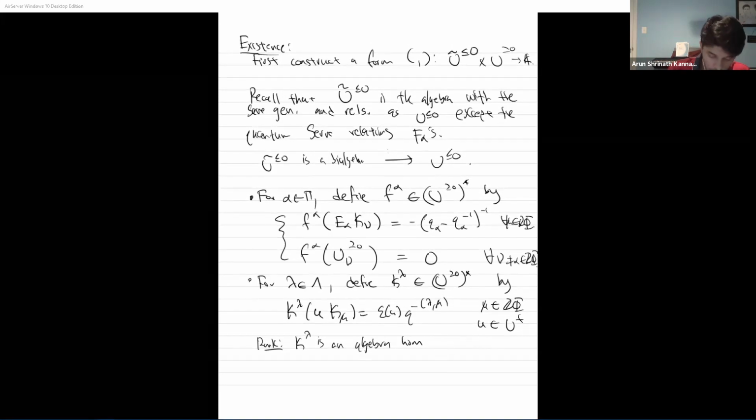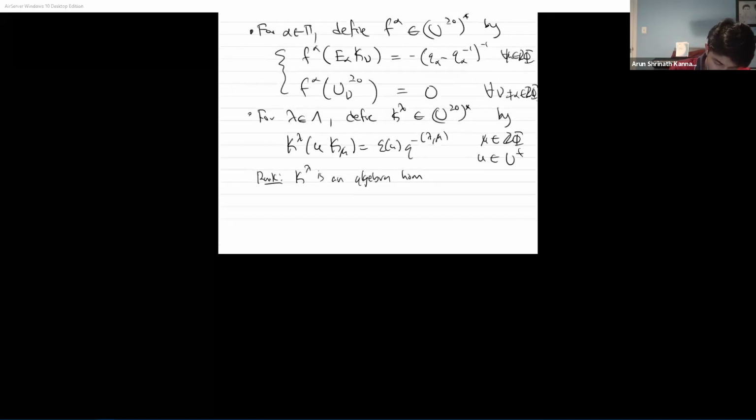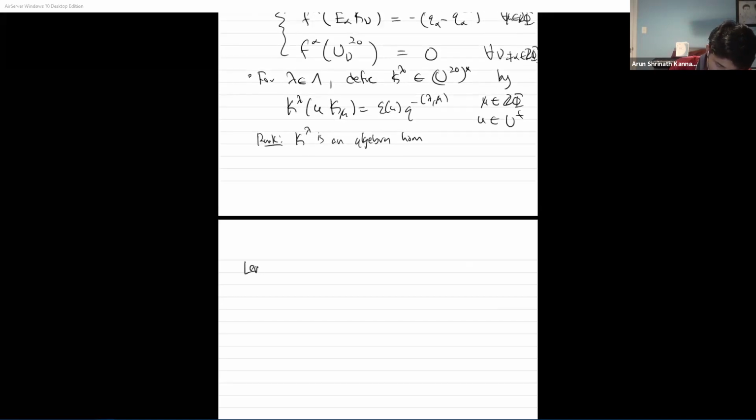Okay, so we have the following lemma, which is where we're going to construct the form on u twiddle less than or equal to 0 across u greater than or equal to 0.